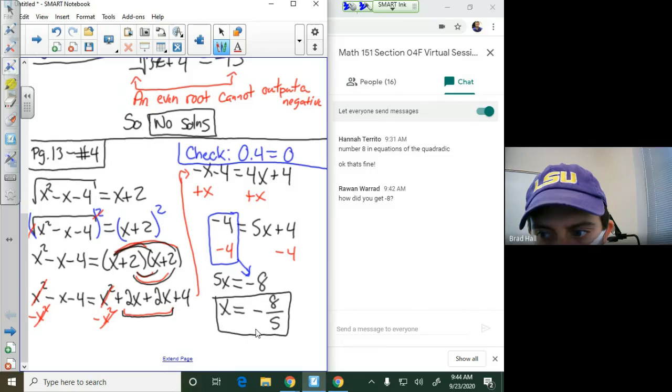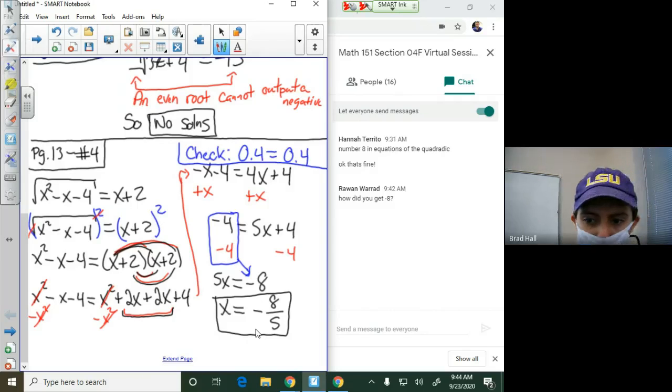And if you plug it in on the right-hand side, you will get 0.4. So it will work. I'm just not going to work it out. Because generally the workbook problems are more complicated than your actual homework. And then fractions tend to be a little messy. So I'm going to just leave it at that.